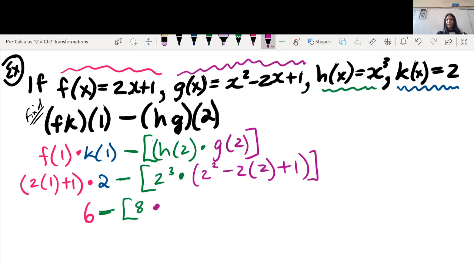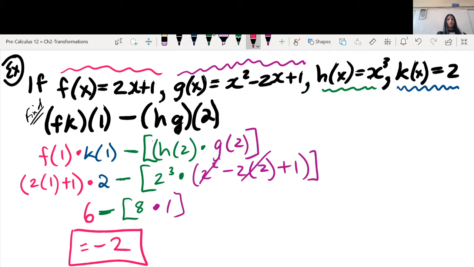If you look here, that's going to be 4 minus 4, so it actually cancels out, so I'm actually just multiplying it by 1. And so when I go through and simplify all of this, I'm really just doing 6 minus 8. So after all that, it works out to be negative 2.